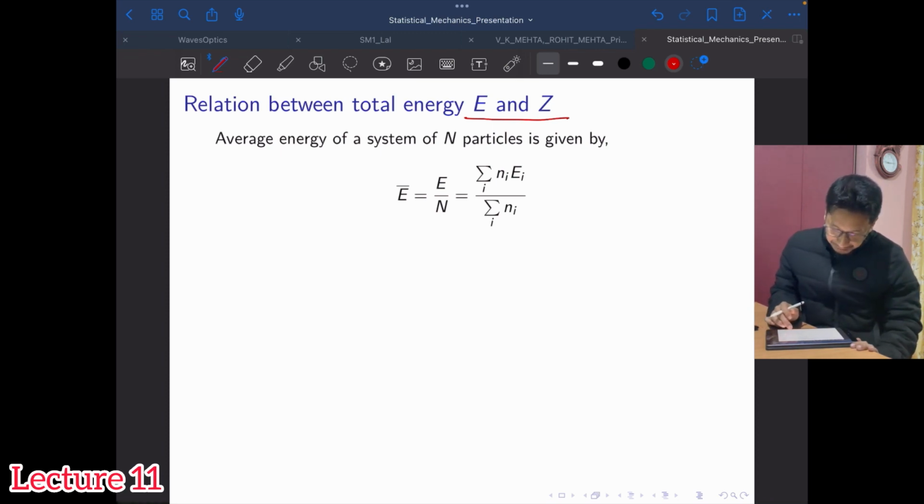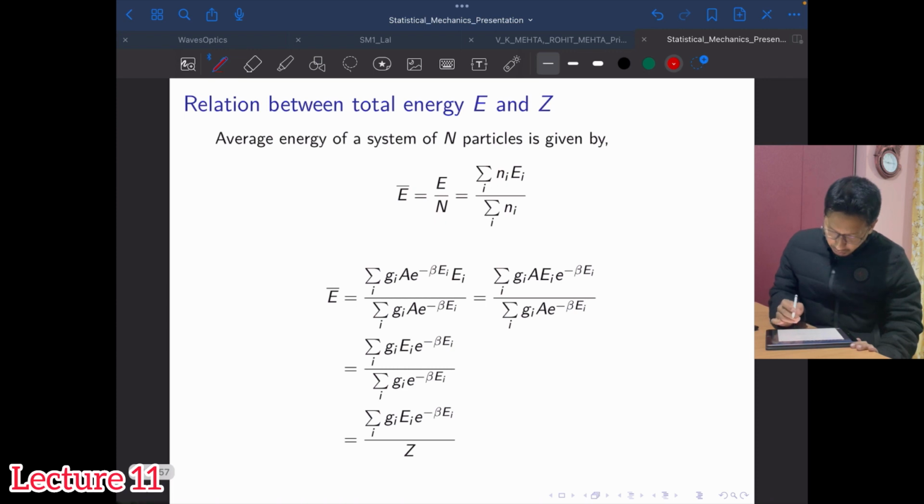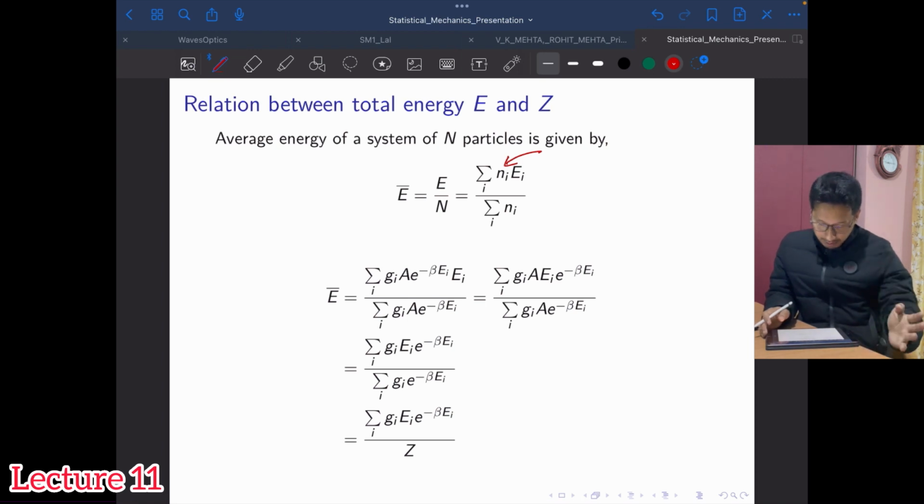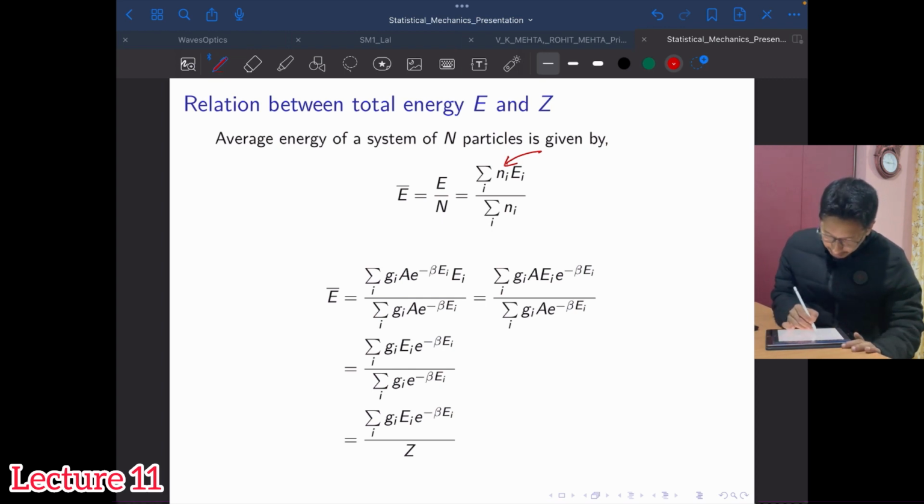Then you substitute for Ni using the Maxwell-Boltzmann distribution law, or the Boltzmann canonical distribution law, where Ni is given by Gi A e to the power beta E, and then multiplied by E. You follow the simple mathematics here.